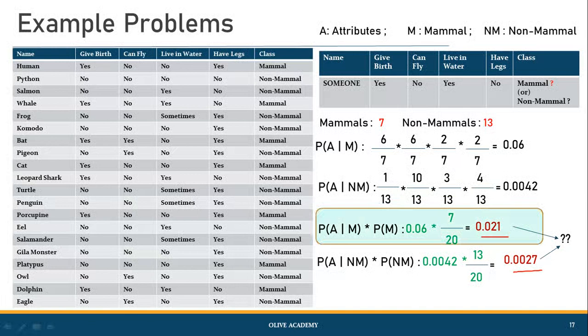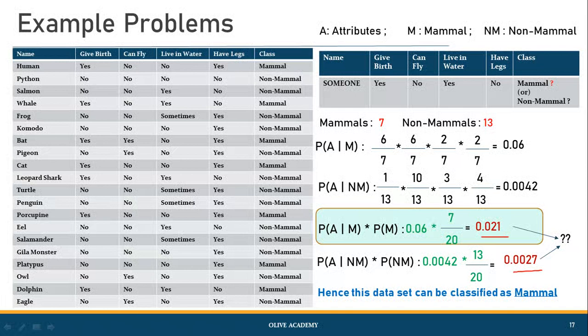In this example, we found that this row has a higher probability of being classified as mammal, because 0.021 is higher than 0.0027. So this data set can be classified as mammal. So I think this helps us solve a Bayesian classification problem within 5 steps.